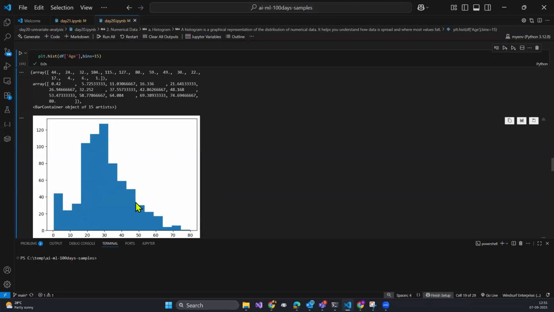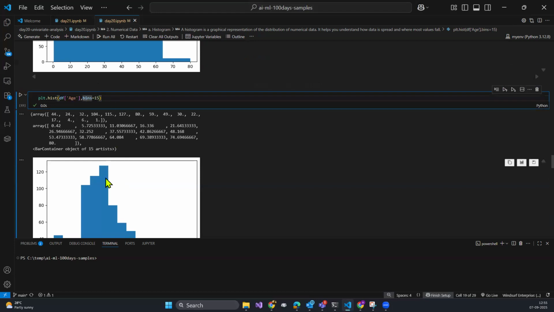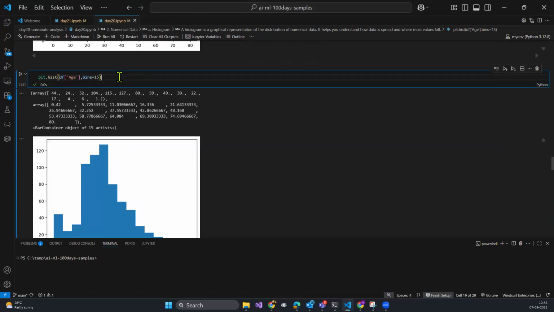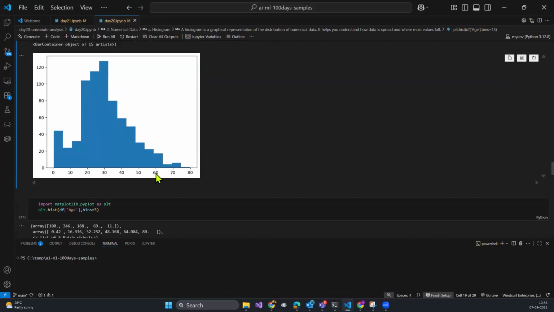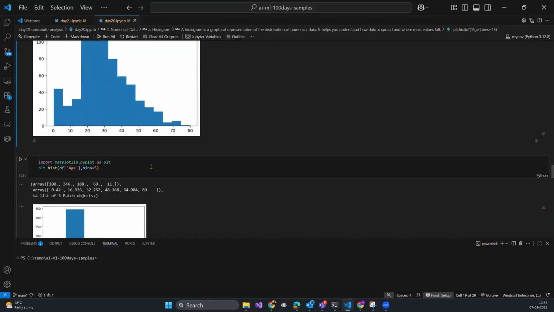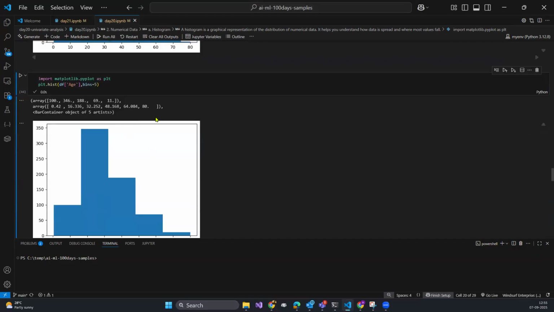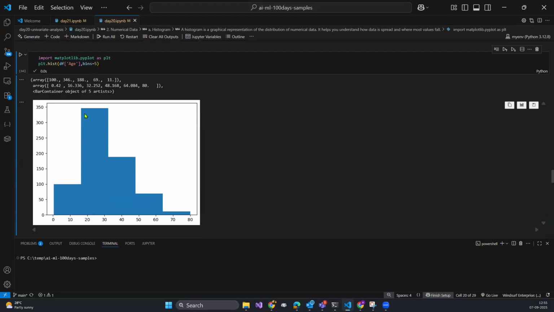So this kind of analysis we would be able to do by changing the bins. So we can explore different senses from the data sets. And again, if we are doing 5, this is how this data is giving us a sense at a high level.